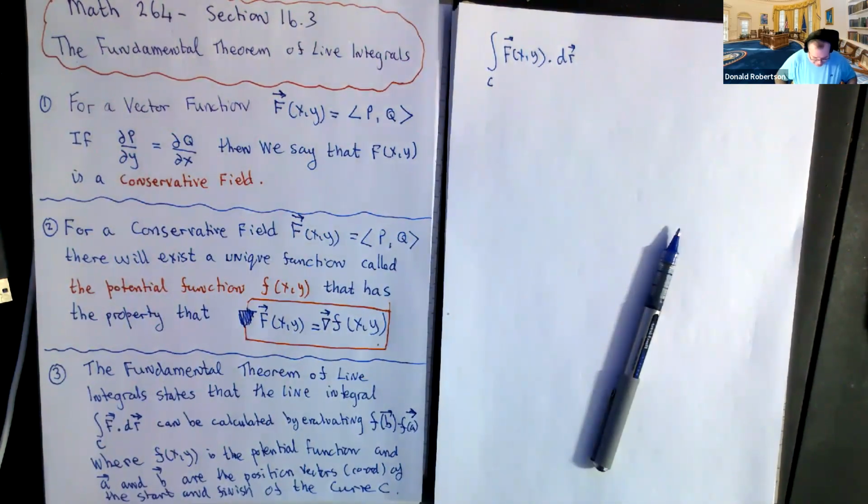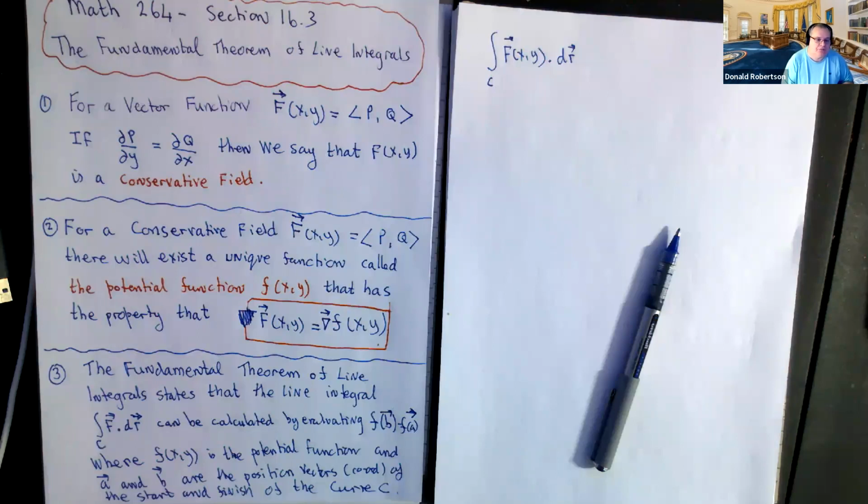These are the really good ones that you can use the shortcut on. If it's not a conservative field, you cannot use this shortcut, the fundamental theorem of line integrals. You have to do it by last week's method. And, you know, sometimes you can't help it.